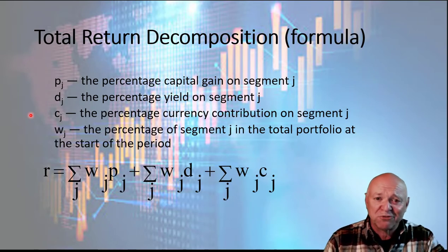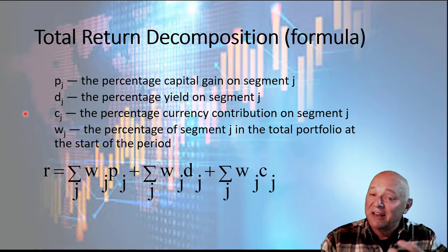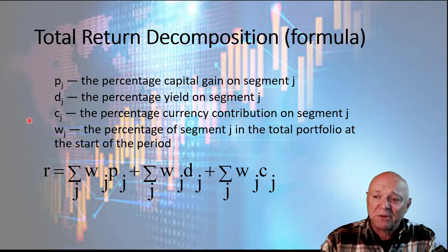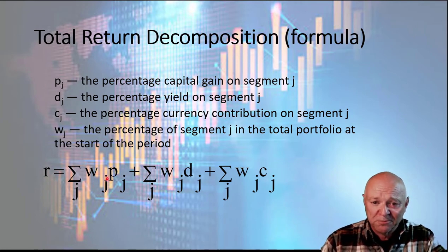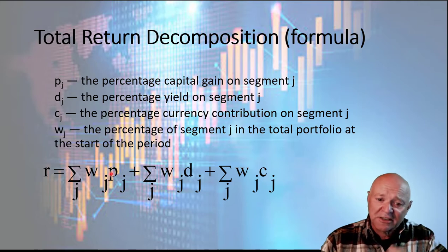The total return decomposition formula, one of those scary looking formulas with lots of terms, can actually be broken down quite simply, in this case, into three parts. We say that our total return is going to depend on our choice of weights, the W in the portfolio, and it's going to depend on things like the capital gains.